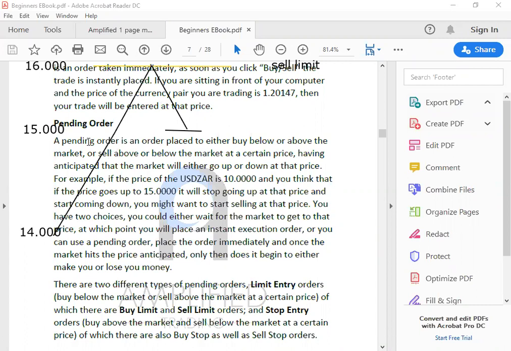And let's say at 15 Rand, we believe the price will then turn back up and head upwards to 16 Rand again. What we do then is we place another limit order, but this time we'd place a buy limit. Let me change color to black again.